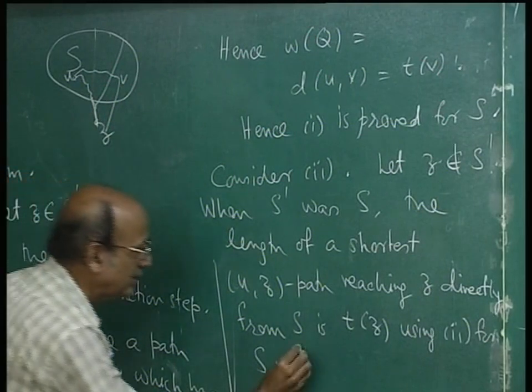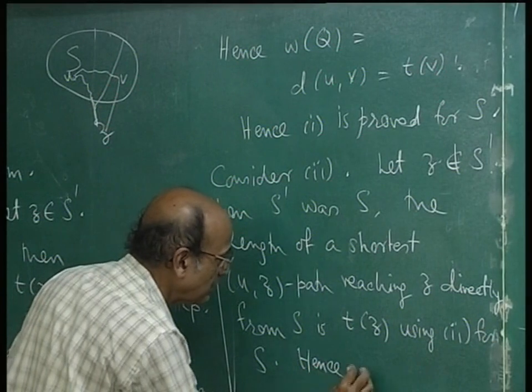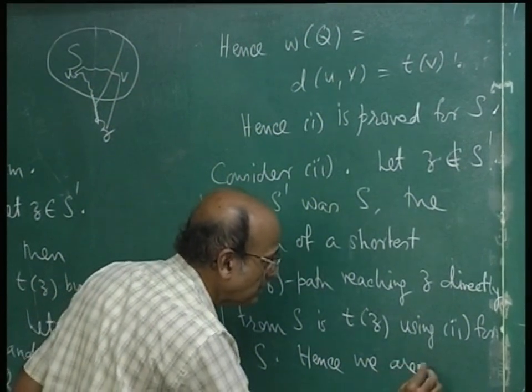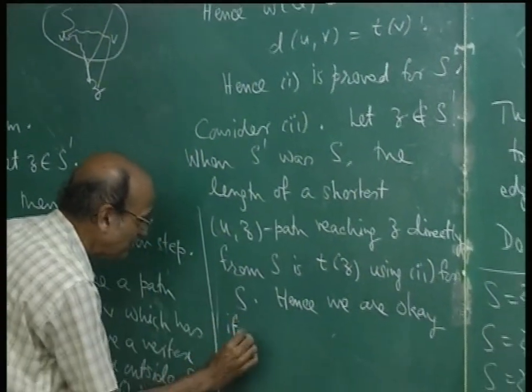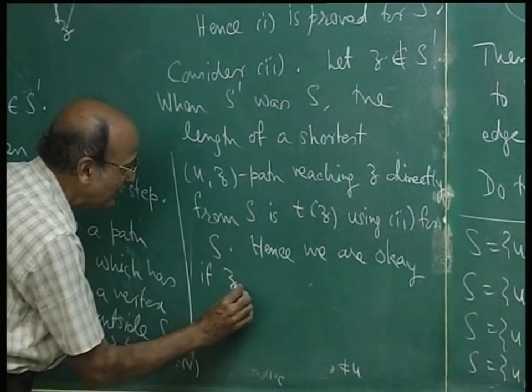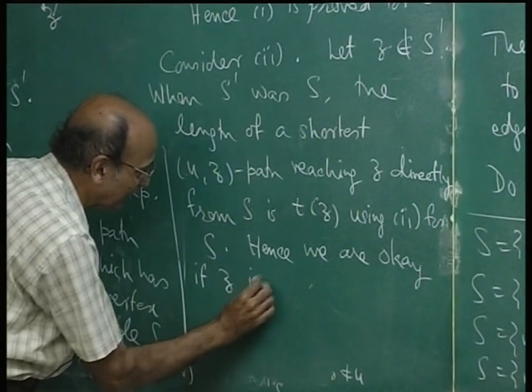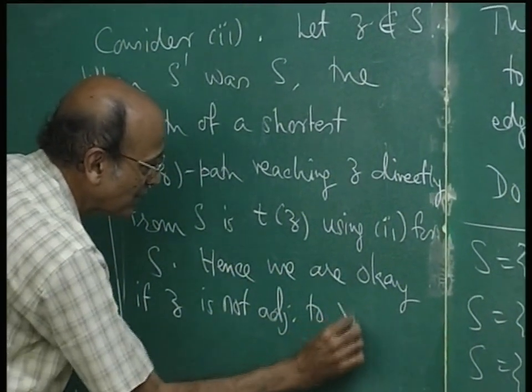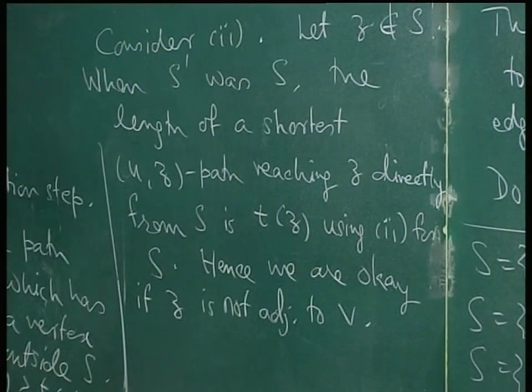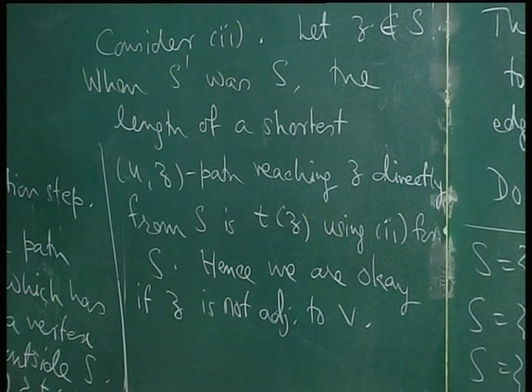Hence, we are okay if Z is not adjacent to V. Then there is no question, we don't need to do anything at all. Difficulty will arise only when Z and V are adjacent.